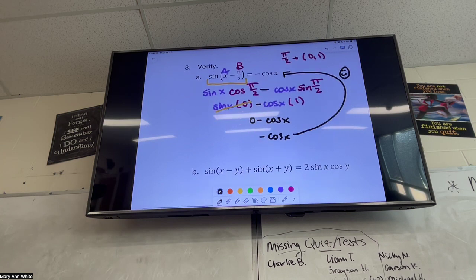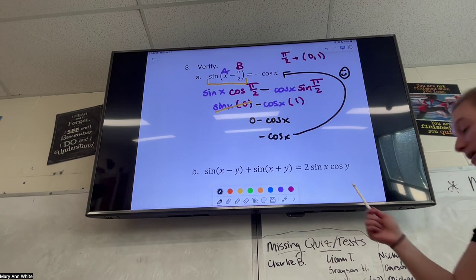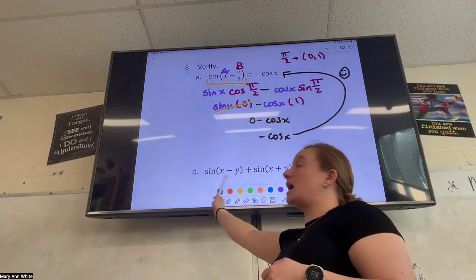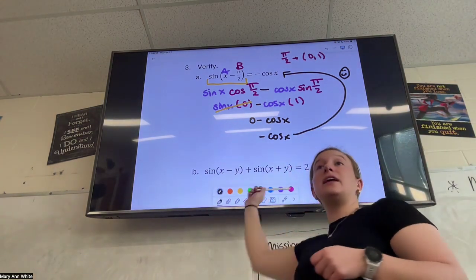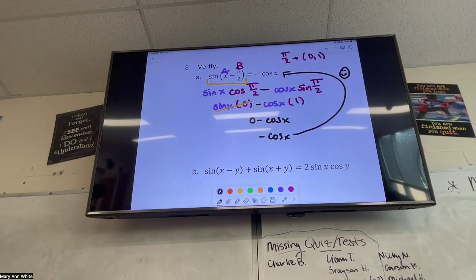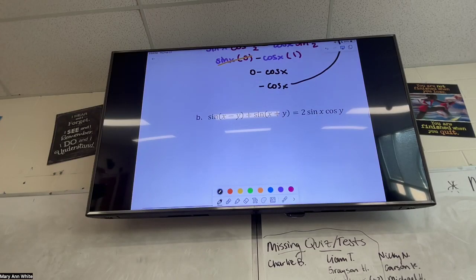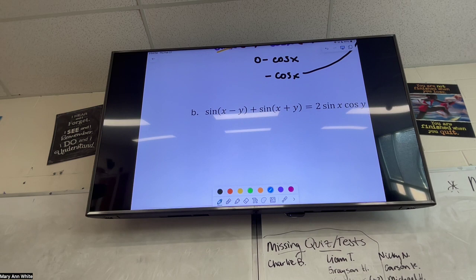Okay. We have a very similar one on the next one, but we have to do it twice. So I'm going to be quiet for a second. I want you to expand this out. Do your difference of sine right here. Do your sum of sine right here. And then see if you can combine anything or cancel anything out.